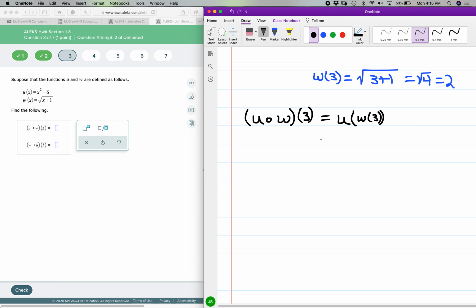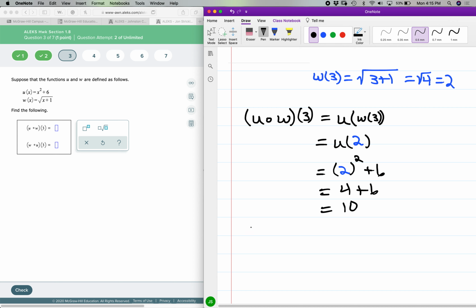So we're looking at what's going to be u of 2. Operating in accordance with u of x, with x at 2, we're going to end up with 2 squared plus 6, and 2 squared is 4, and 4 plus 6 is equal to 10.